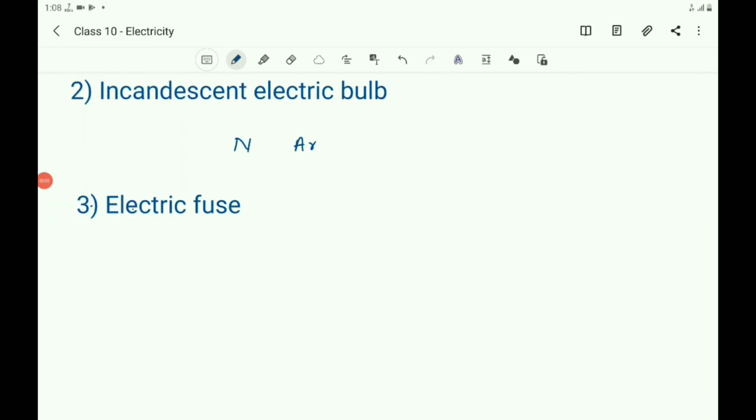Another important application of Joule heating is the fuse, which is used in electric circuits. So what is a fuse? It is a safety device used to protect electrical appliances from strong currents. It protects circuits and appliances by stopping the flow of any unduly high electric current.